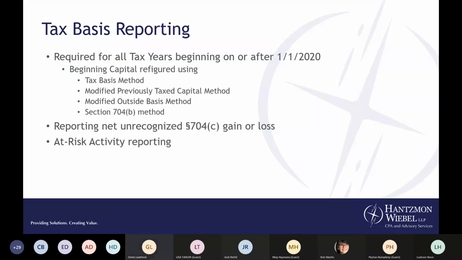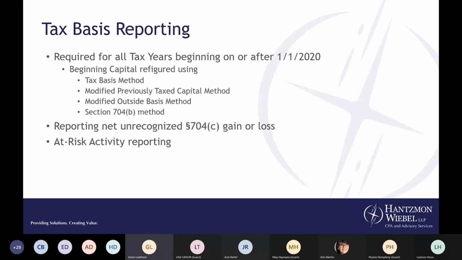And also, as I said before, a partner's basis in their partnership interest includes their share of partnership liabilities. Well, the partner's capital account does not include liabilities. That's separately stated on the K1. So again, the partner's tax basis capital on their K1 is not necessarily their tax basis.